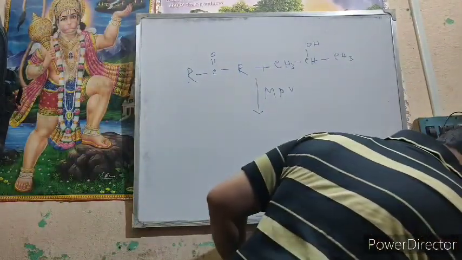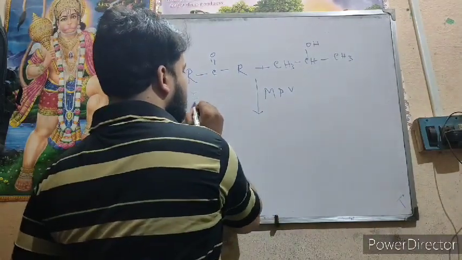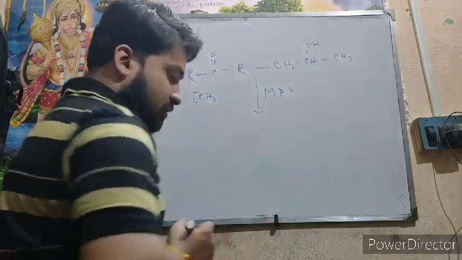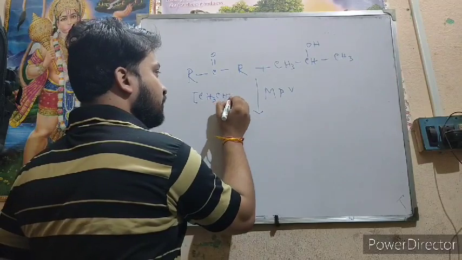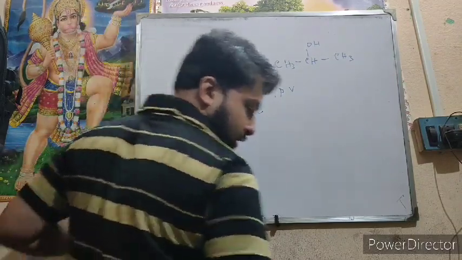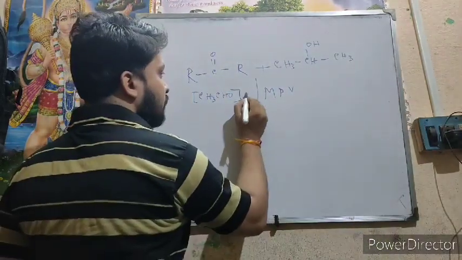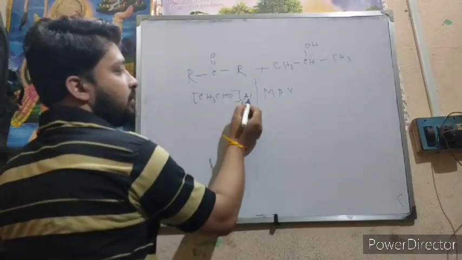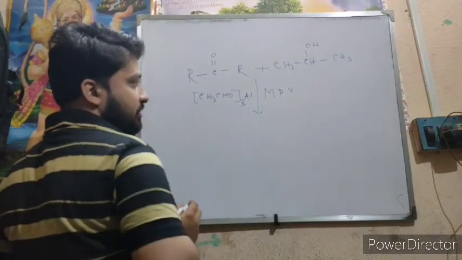For the MPV reaction, you can use CH3CHO and aluminum, the valency of aluminum is 3, so 3 is here.